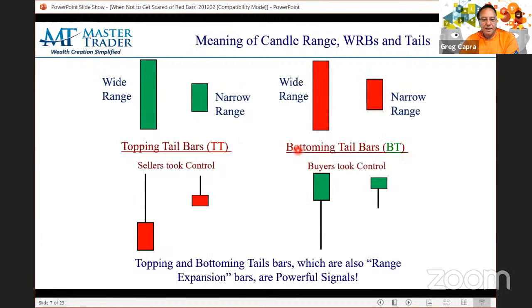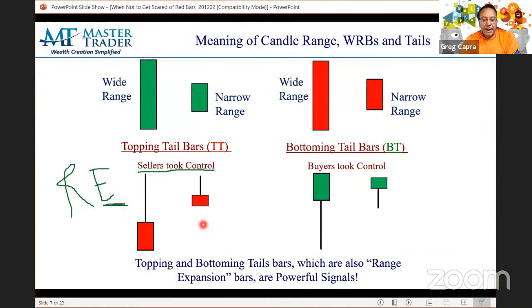So topping tails, those are bearish. Sellers took control, right? So we had a wider range. Topping tails, as you can see, come in wider ranges, which sometimes we call range expansion bars, and sometimes they come in a little version where you had a range contraction.